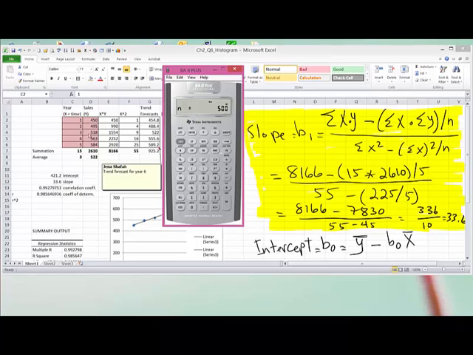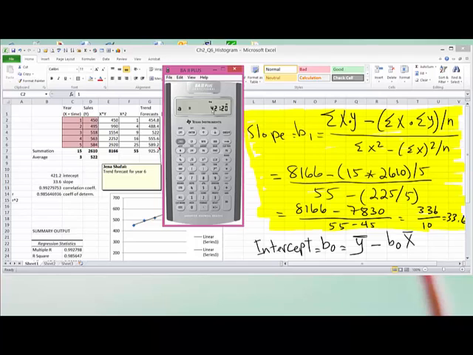N, or number of observations in this problem, is 5. Average x is given, sample standard deviation for x, population standard deviation for x, average y, and standard deviations are given.